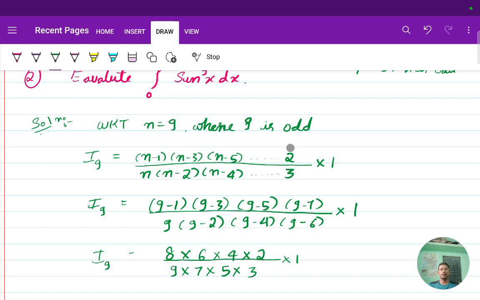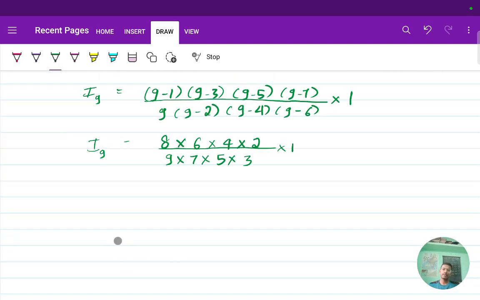We get 2 by 3 here, and 2 by 3 here also. Let us multiply this.